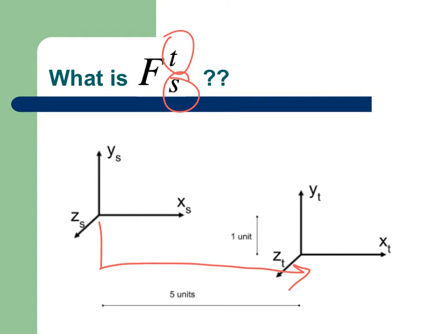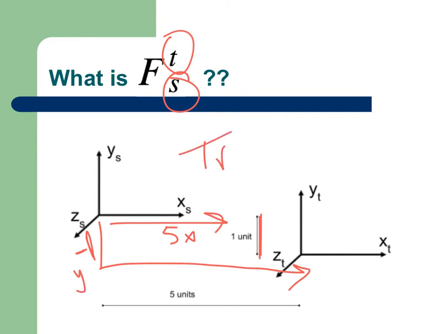Well, it looks like the movement that I've done is a movement of 1 unit along S's negative 1. So we're moving negative 1 in the y direction, and we're moving 5 units in the x direction, right? So maybe it's useful writing that this is the x and this is the y.